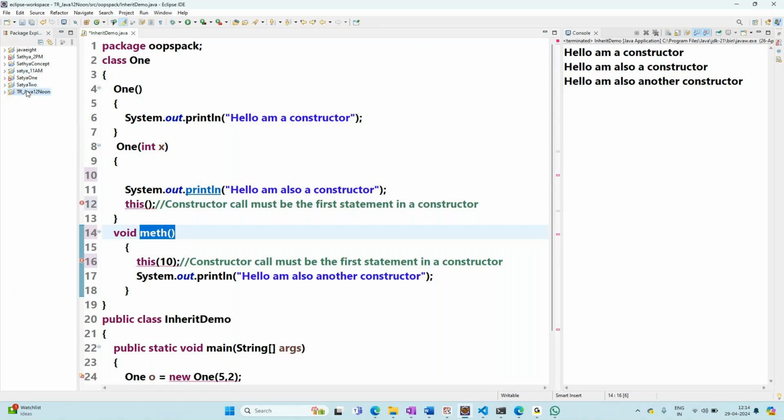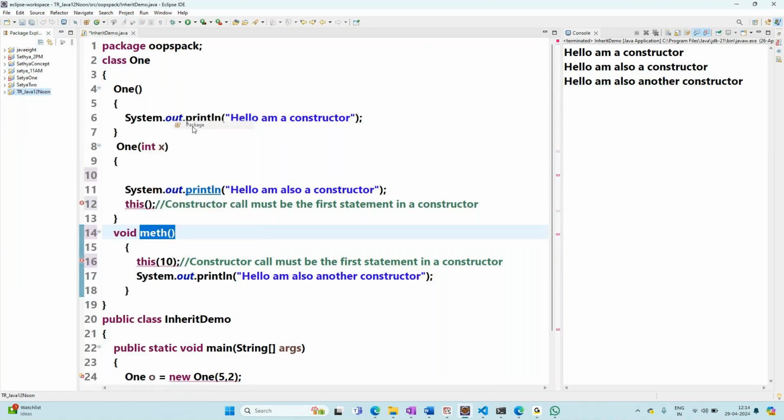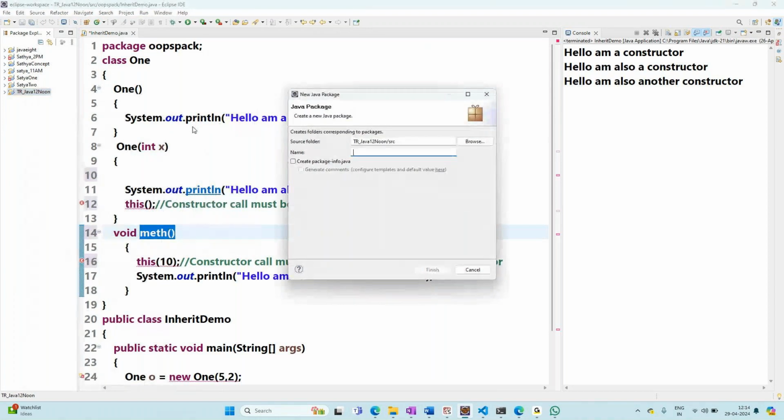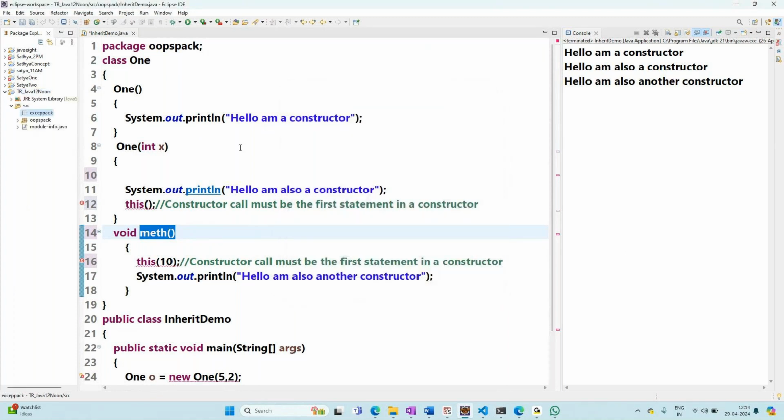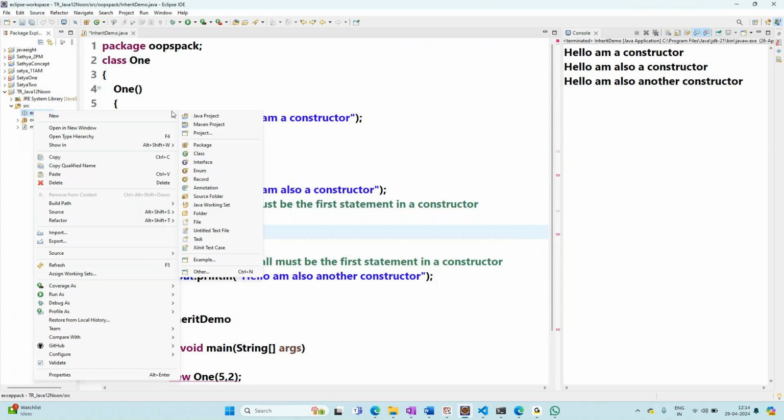So just right click over here and create a new package. Name this package as except pack, say finish. Then right click here, say new class.